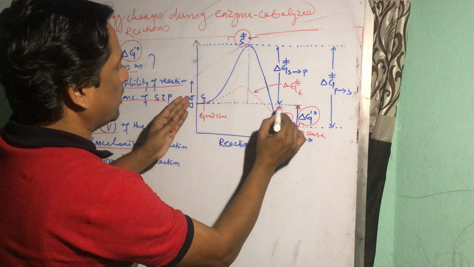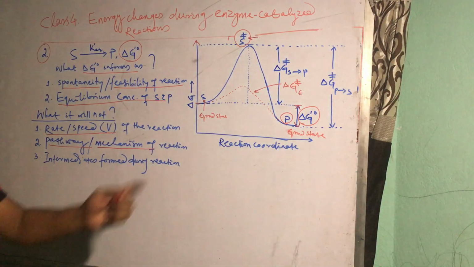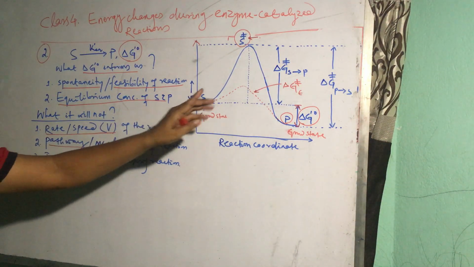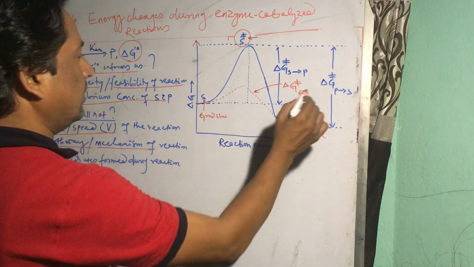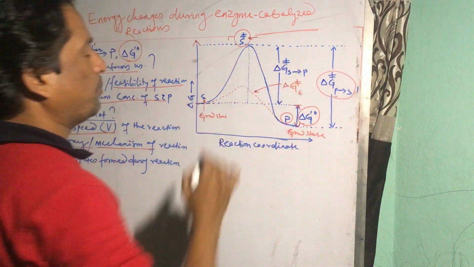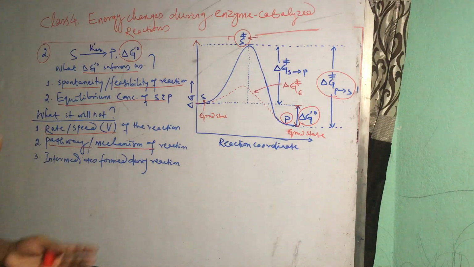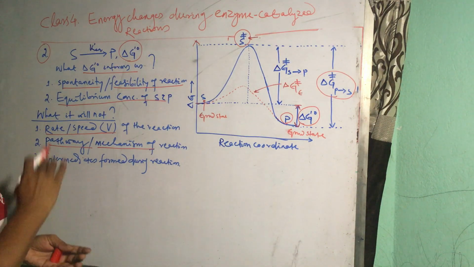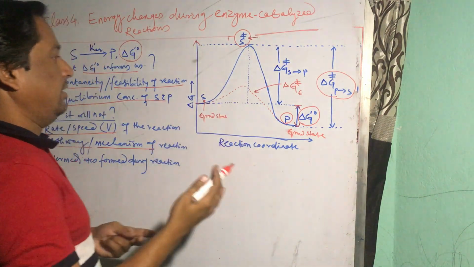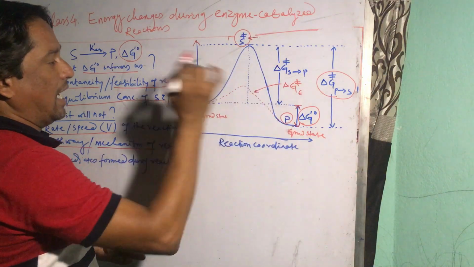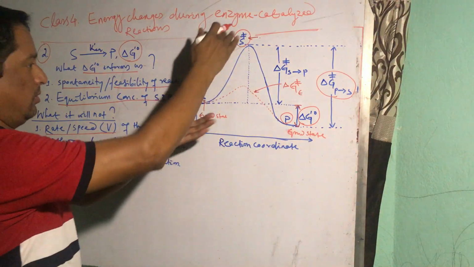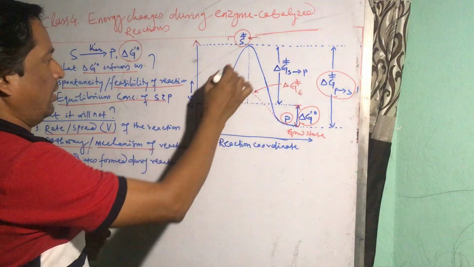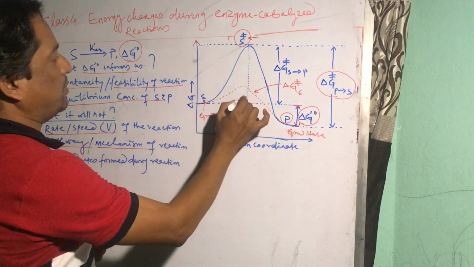As here the product is more stable compared to the substrate, the activation energy will be more when product is converted back to the substrate. Hence, we'll see how enzymes control the rate of reaction by decreasing the activation energy.